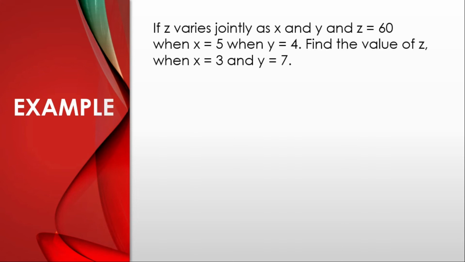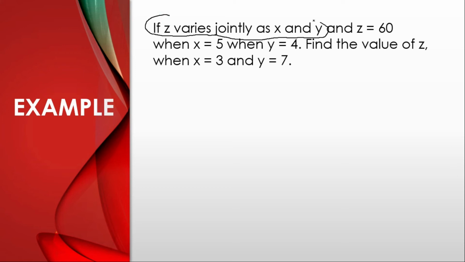And then, we have, if z varies jointly as x and y, and z is equal to 60 when x is equal to 5 and y is equal to 4, find the value of z when x is equal to 3 and y is equal to 7. Paano na to? Medyo madami. Alamin nyo muna kung anong variation ito.